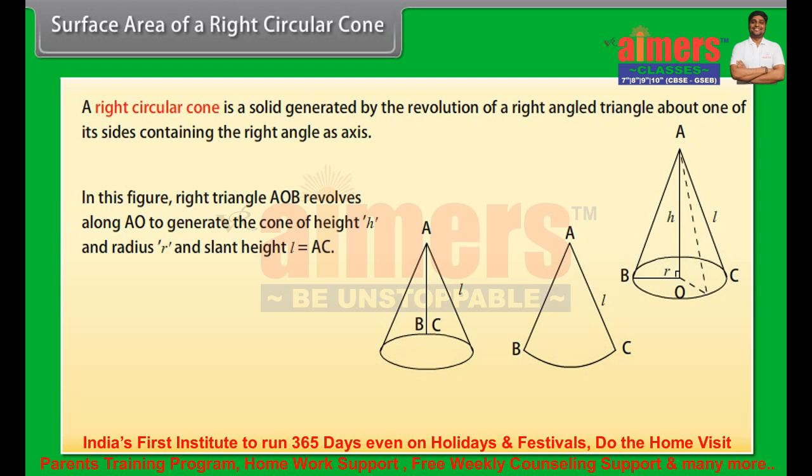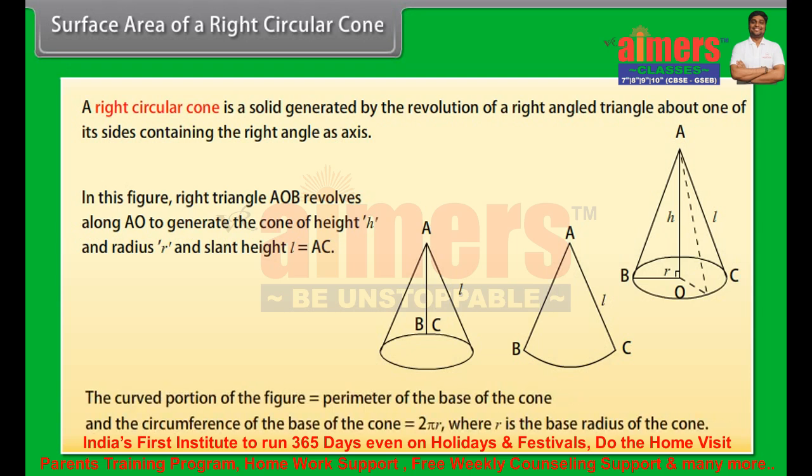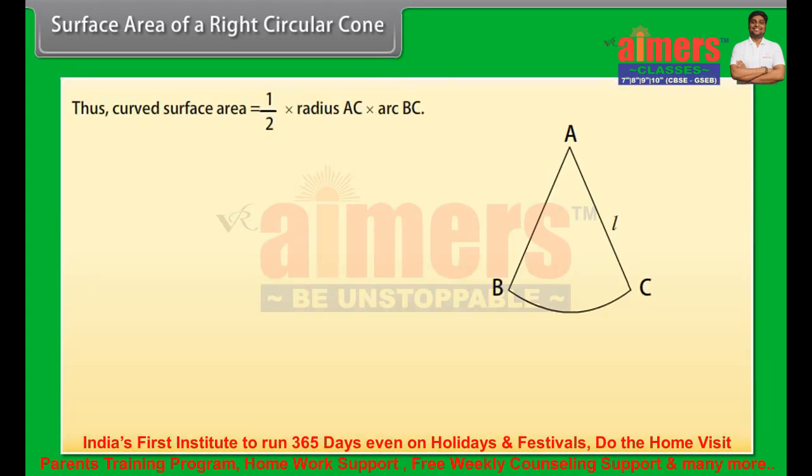To find the total surface of a cone, let us cut it along its slant height and spread it into a sector ABC. The curved portion of the figure is equal to the perimeter of the base of the cone, and the circumference of the base of the cone is equal to 2 pi r, where r is the base radius of the cone. Thus, curved surface area is equal to 1 upon 2 into radius AC into arc BC.